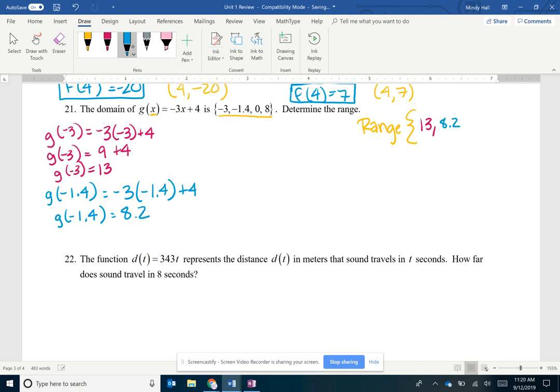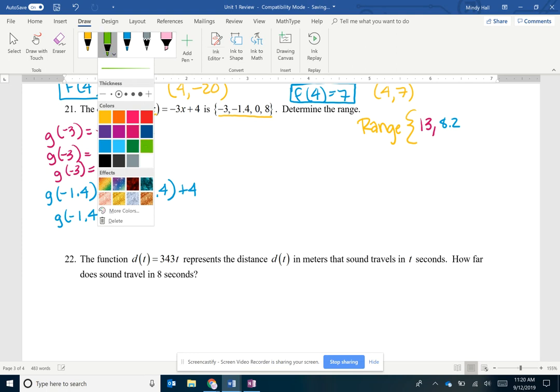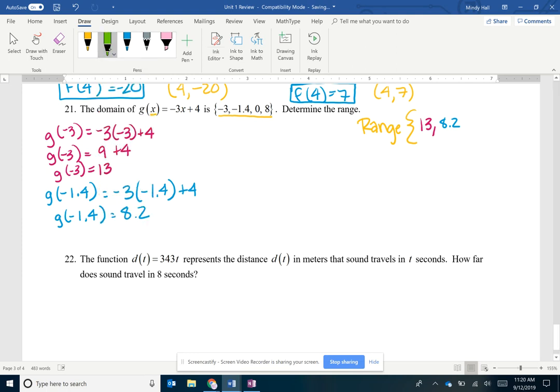Okay, so then, changing up the colors, I'm going to plug in 0. g of 0 equals negative 3 times 0 plus 4. That gives me 0 plus 4, which is 4. And I just hate writing decimals, I guess. Sorry, guys.